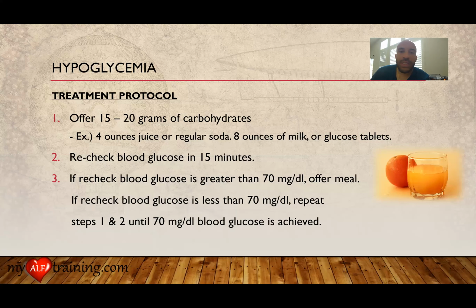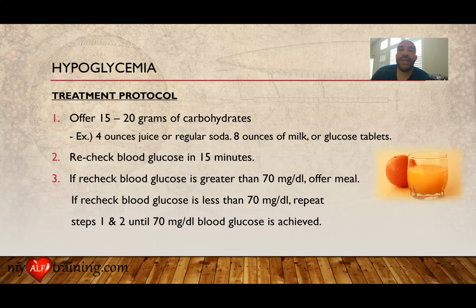So we see that the patient's blood sugar is low, and we offer them 15 to 20 grams of carbohydrates. 15 minutes later, we check their blood sugar and it's only risen from 55 to 60. So we would have to give them an additional 15 to 20 grams of carbohydrates and then recheck again in 15 minutes.